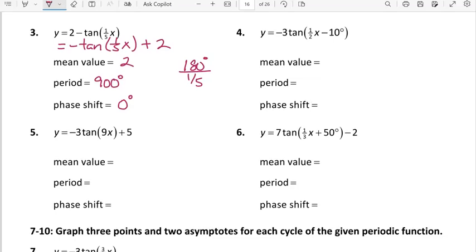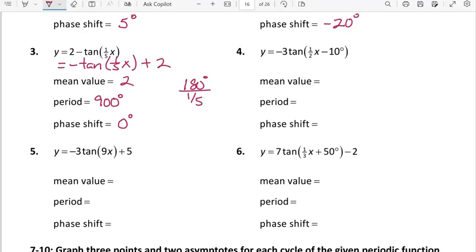All right, for number 4, mean value is the amount that's added to the tangent function, so that's 0. Our period is 180 divided by the b value, and the b value is the coefficient of x, so that's 180 divided by 1/2, which is 180 times 2, or 360. So our period is 360 degrees.